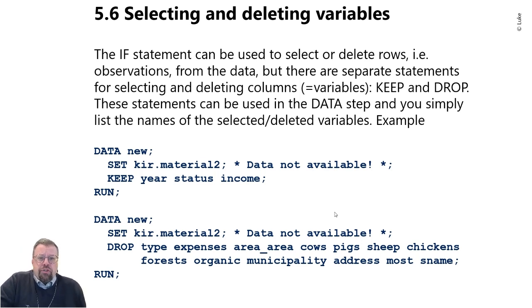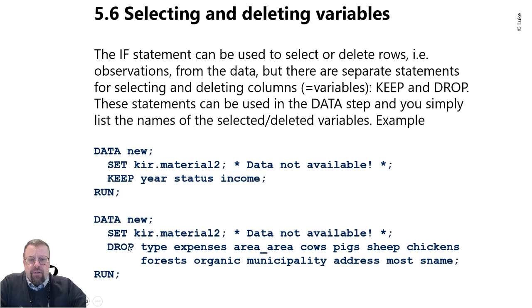Then if you want to select or delete variables from your dataset, there are two statements that are quite usable in this case. You can use the keep statement or the drop statement. Simply, in the keep statement, you list the variables you want to keep in the output dataset. Here we have listed year, status, and income.